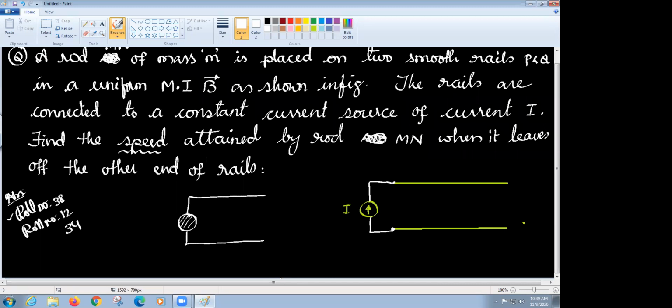Shashank Reddy, 50, absent. Roll number 16, Ram.